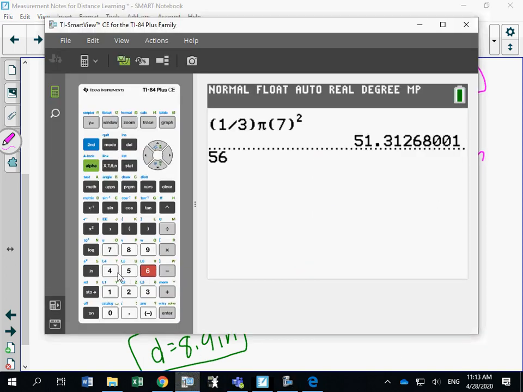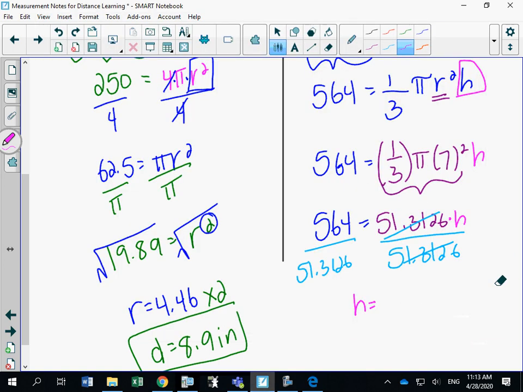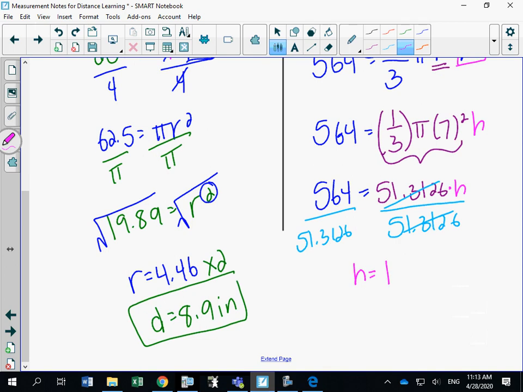Then I could round at the end, and it says to the nearest tenth, which means it wants one decimal place. So your answer would be 11.0. So height is equal to 11.0 centimeters.